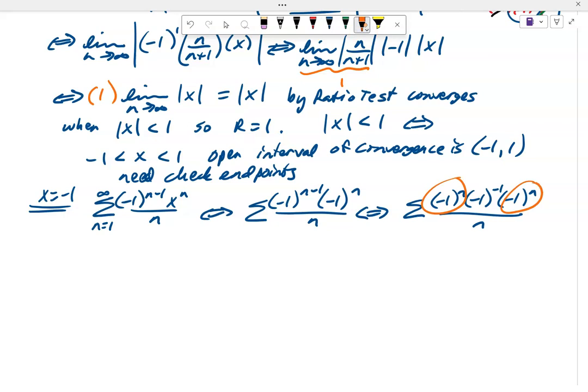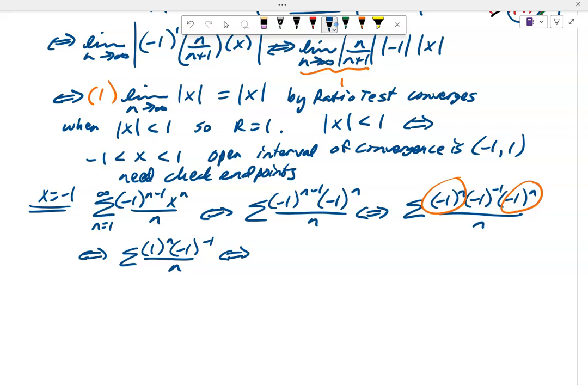Let me do those two. And so that's like a to the n, b to the n is a times b to the n. All right, so I got -1 times -1 is a positive 1 to the n. Well, 1 to the n is always 1.